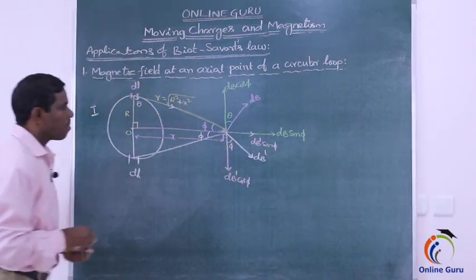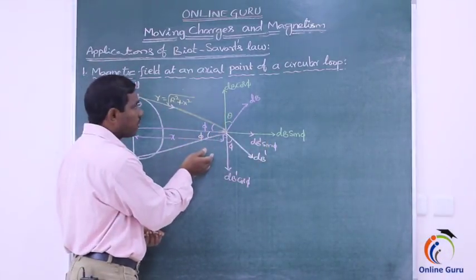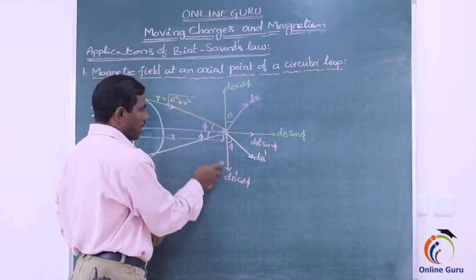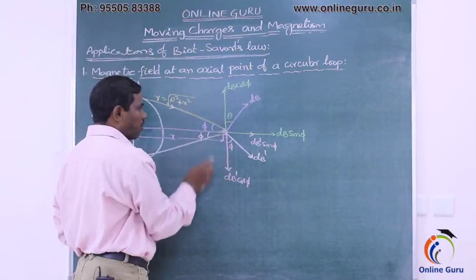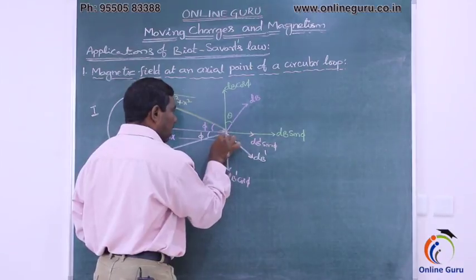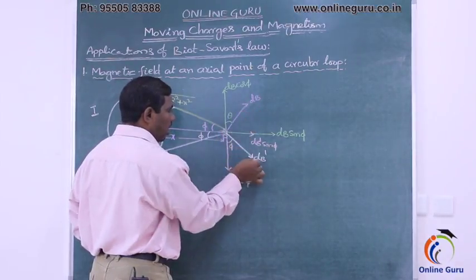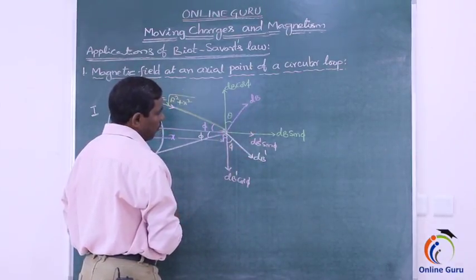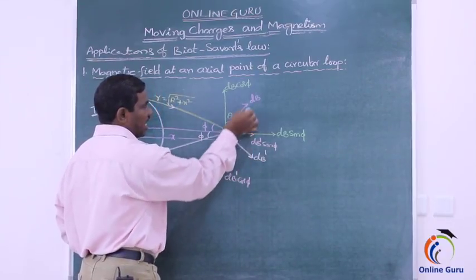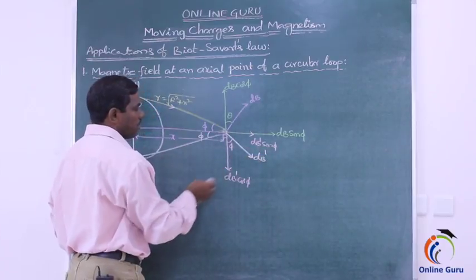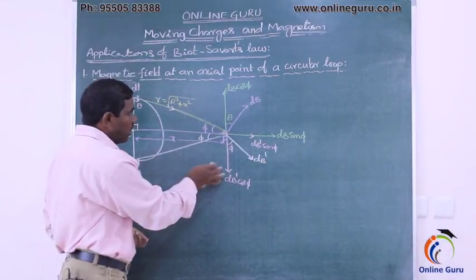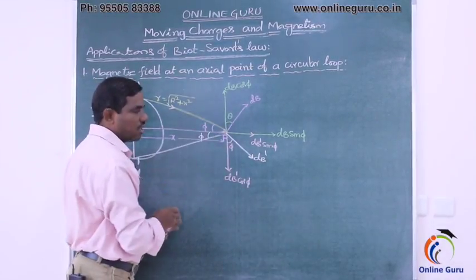Here you can observe in this diagram dB cos phi and dB dash cos phi. These are both horizontal components at the point P, due to the magnetic inductions dB and dB dash. These both cancel each other.